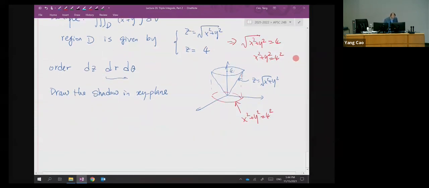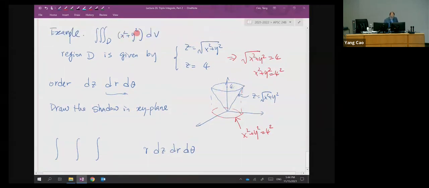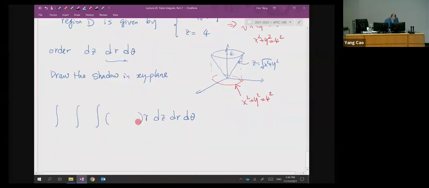Now, once we've done these steps here, then you're ready to integrate this whole thing using cylindrical coordinates. Right, you can set it up. You're integrating x squared plus y squared. So we're going to have to replace x with r cosine theta, replace y with r sine theta.